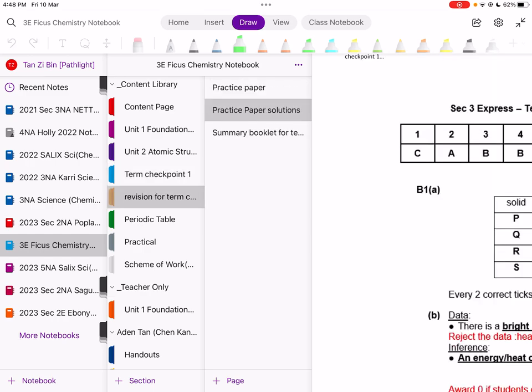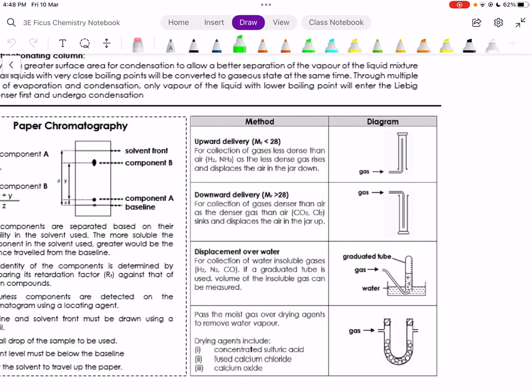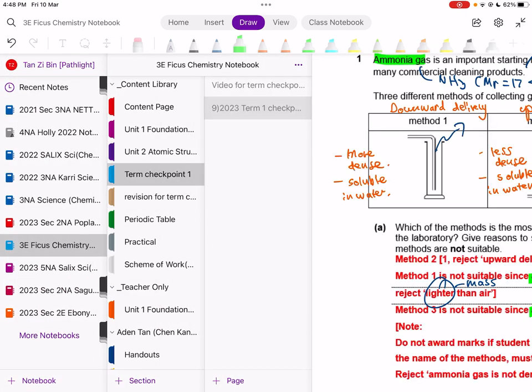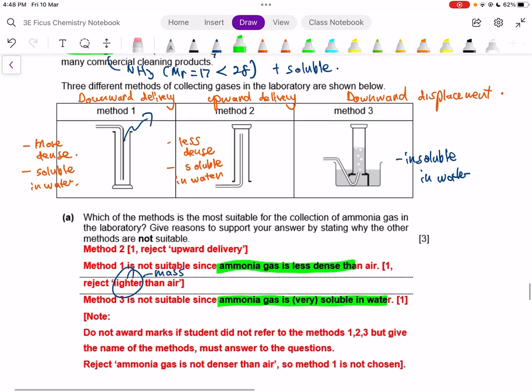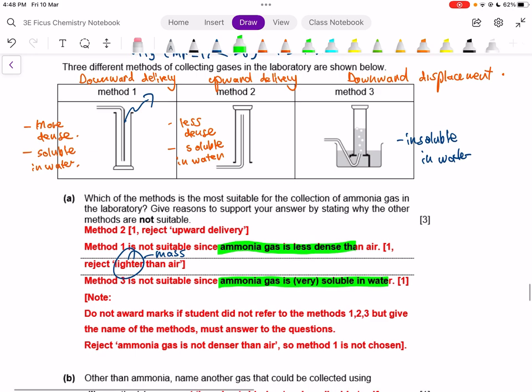During revision, I don't know whether you're going to look at all this. The ammonia gas notes are down here, big for you to see, right? Okay, you must refer to method 1, 2, 3 rather than tell me the name.